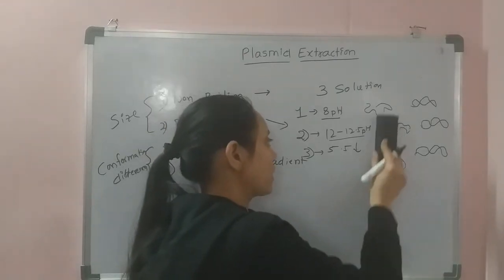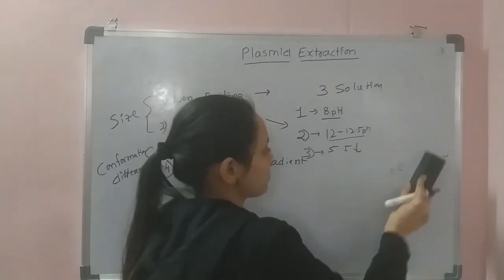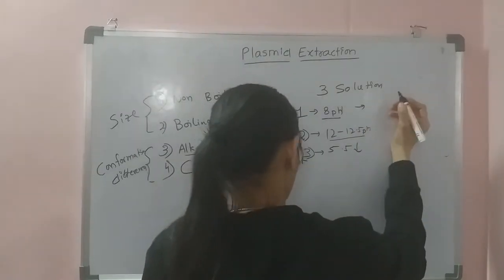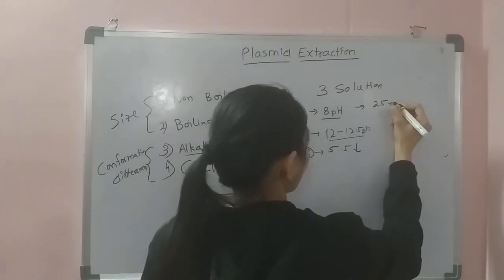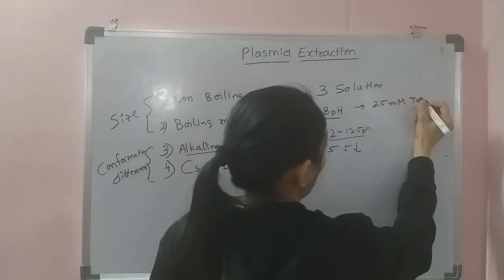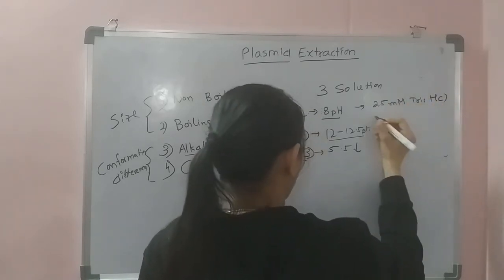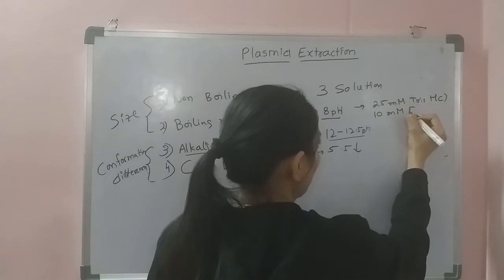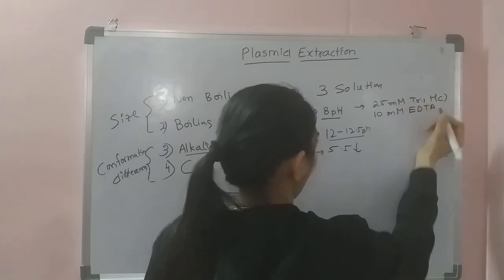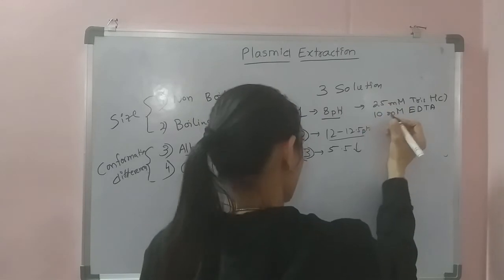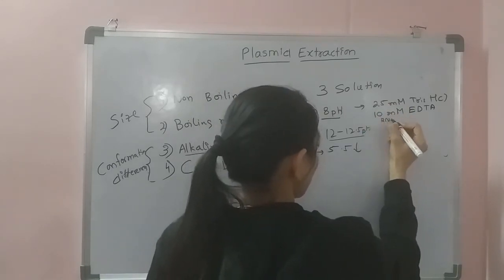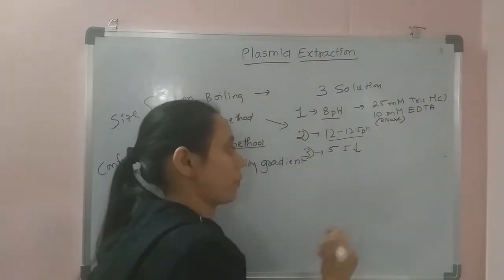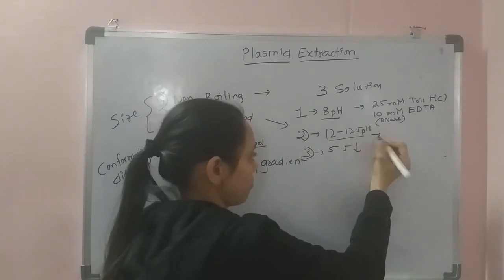So what are the chemicals that make these pH changes? In solution 1 we are going to have 25 millimolar Tris HCl along with 10 millimolar EDTA, and in the presence of RNase. Here the pH will be normal and both the DNAs will be maintained.